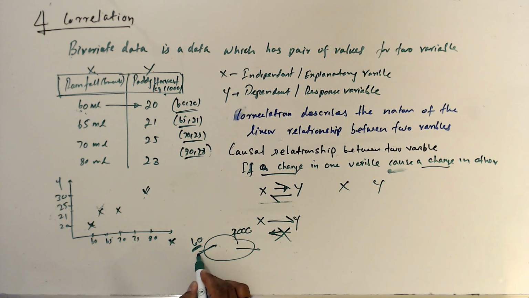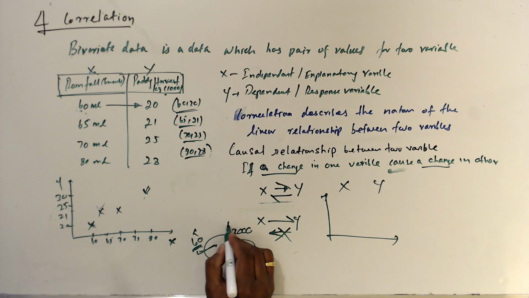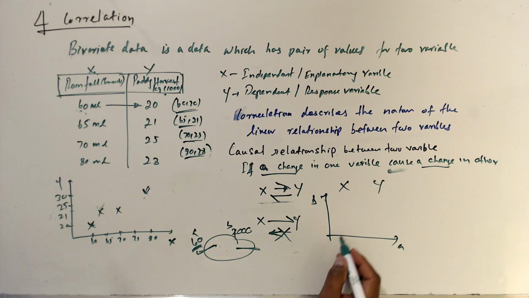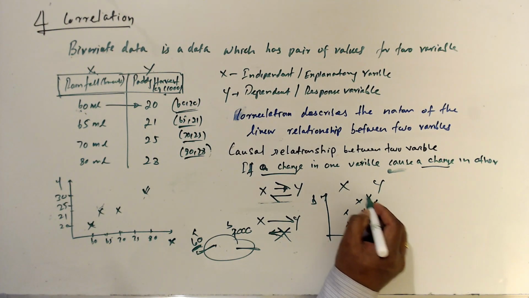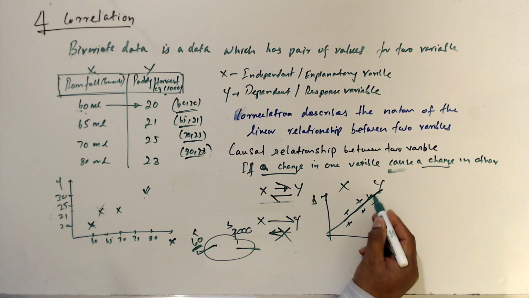So you measure the rainfall in milliliters and the number of cars, and let's say this is A and B. So you draw a scatter diagram. You can see this kind of relationship. Okay, it is a really linear relationship. So it has a positive correlation.